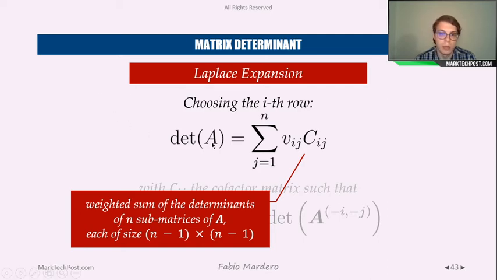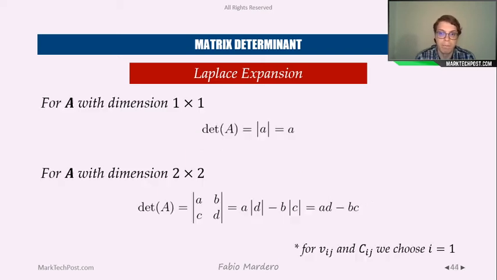So the determinant of A is a weighted sum of the determinants of the n submatrices of A. Of course, each of these submatrices of A has a size n-1 times n-1.